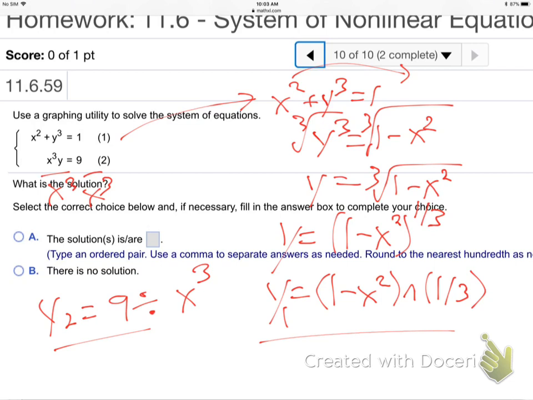Did y'all do that one? Let's see. One minus x squared to the power of 1/3. And the second one is 9 over x to the third. Graph.